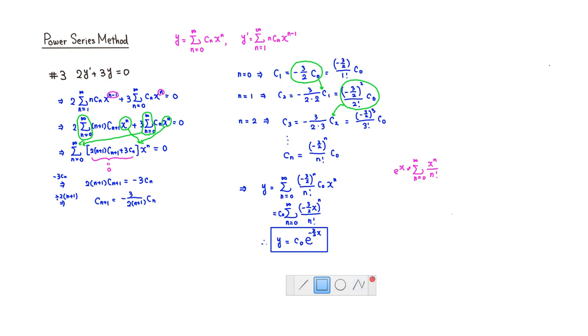And what would be the radius of convergence of this power series?